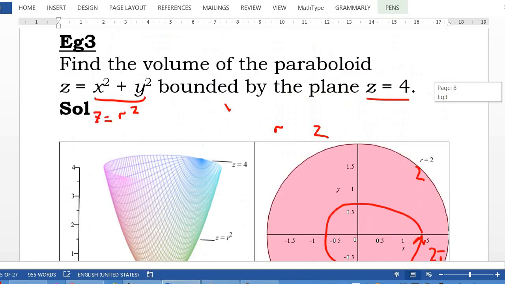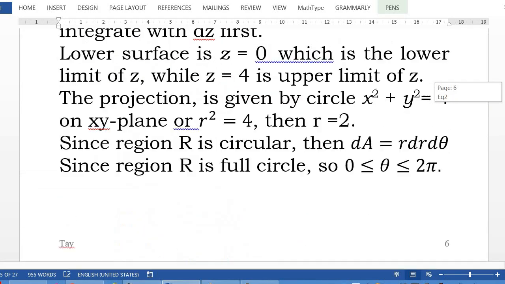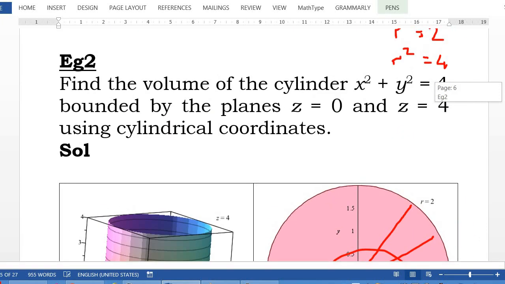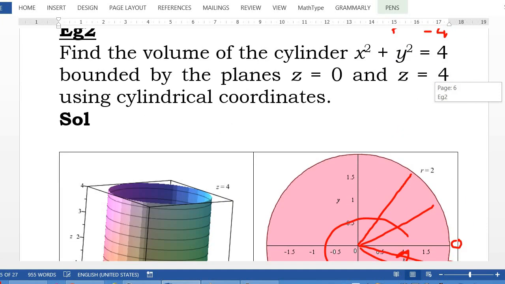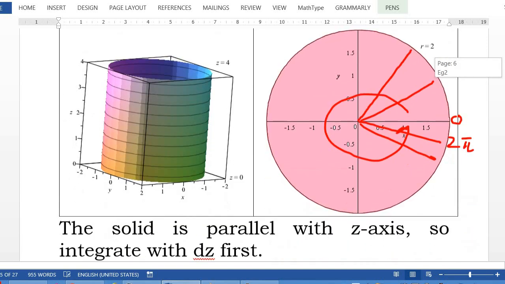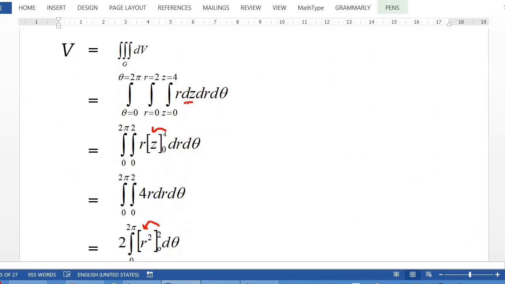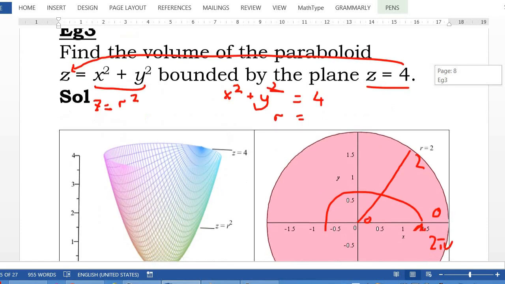So we revise back. If we have the volume of a cylinder, x squared plus y squared equal to 4, bounded from z equal to 0 and z equal to 4, so r 0 to 2, theta 0 to 2 pi, the cylinder is bounded by the flat surface z equal to 0 up to z equal to 4.